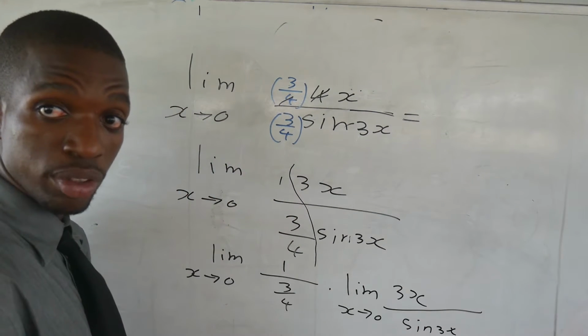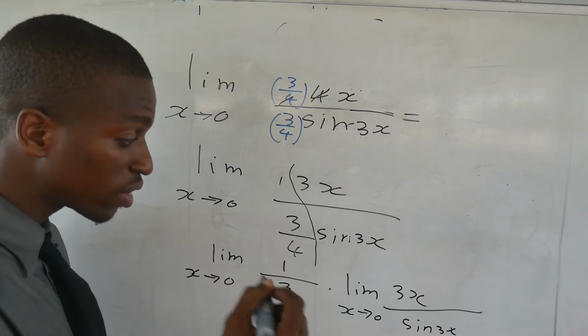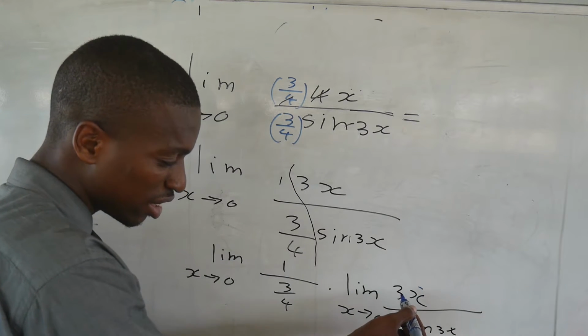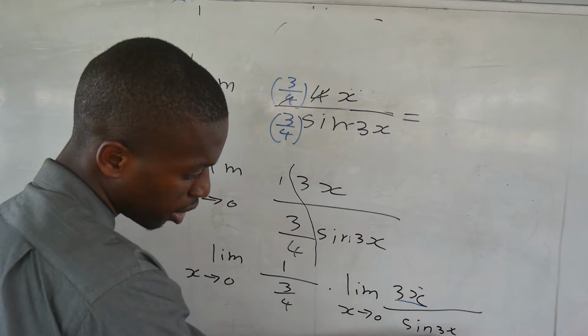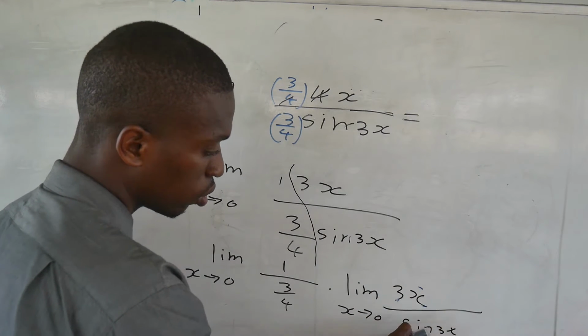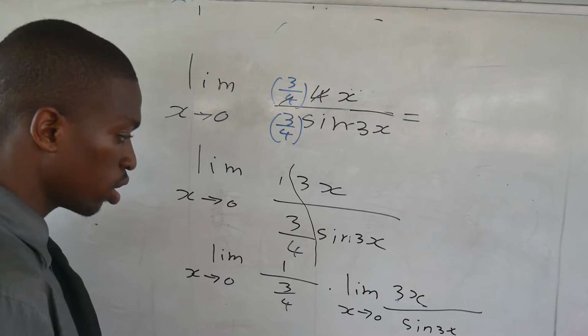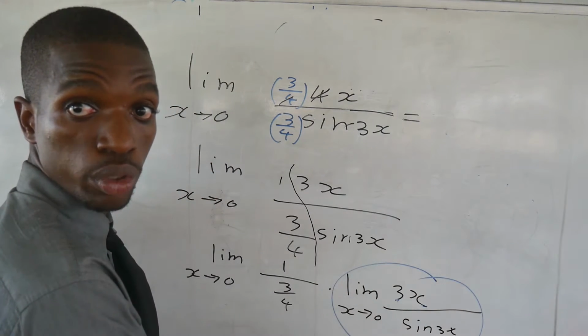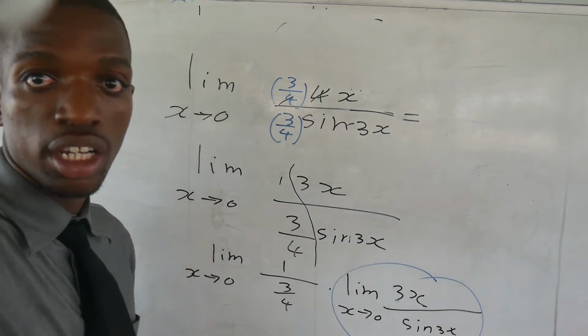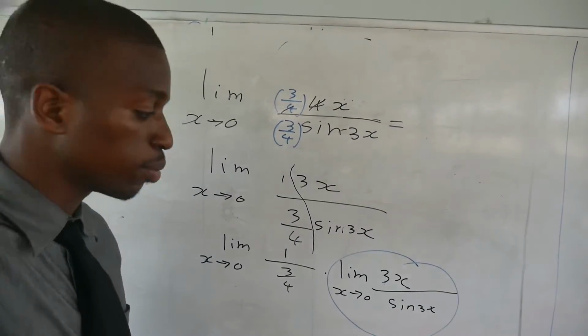Remember, limit as x goes to 0 of x over sine x. It doesn't have to be an x, because whatever is here must be there. Right? So we have the form. So all this will just be 1. All that will just be 1.